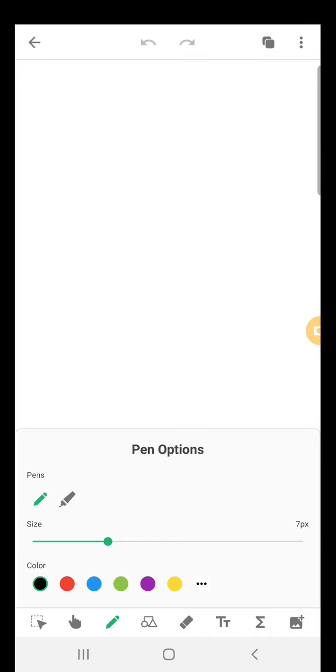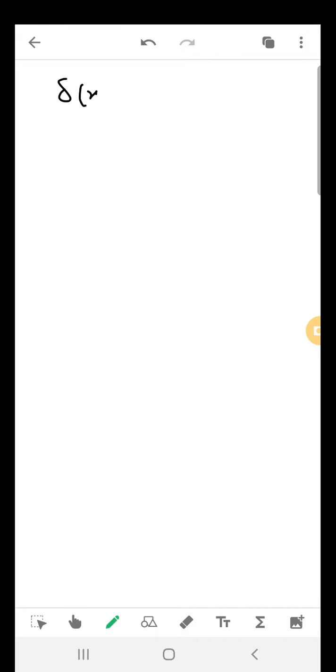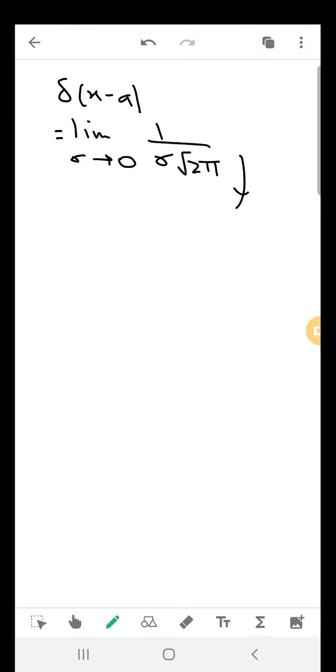We can say that delta x minus a is equal to limit sigma tends to 0, 1 by sigma root 2 pi, and then here we can write exponential minus 1 by 2 sigma square x minus a whole square.